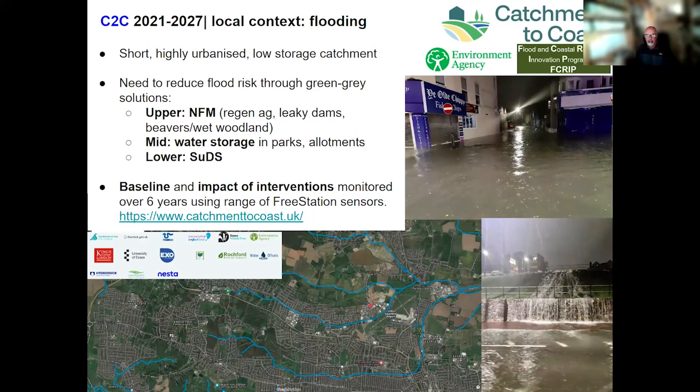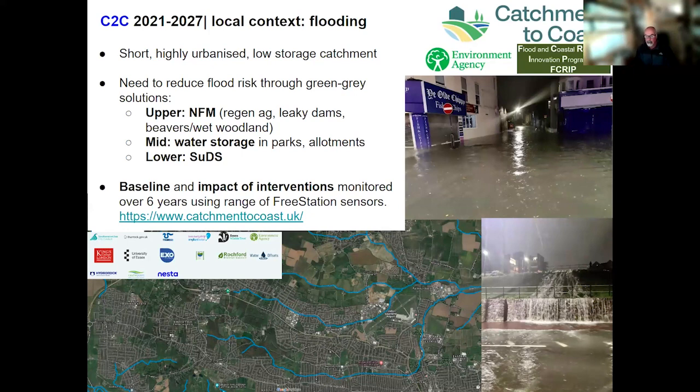There we're looking at a very short, highly urbanized, low storage catchment, where there's a need to reduce fluvial and pluvial flood risk in the upper, mid and lower parts of that catchment through NFM in the upper, such as leaky dams, in the mid through water storage in existing green spaces, and in the lower parts through more sustainable urban drainage systems.